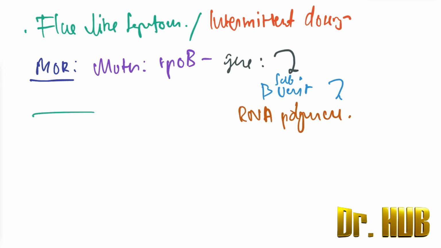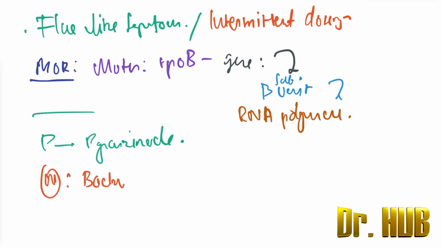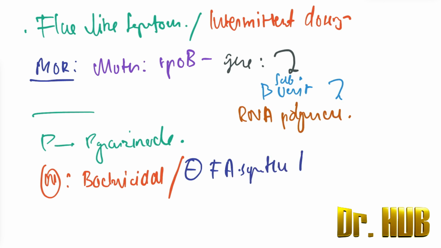Then we move on to P for pyrazinamide. What is the mechanism? It is bactericidal, and there is inhibition of fatty acid synthase 1, which leads to inhibition of the cell membrane.